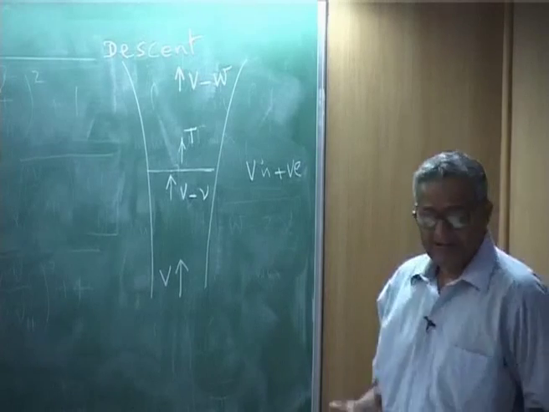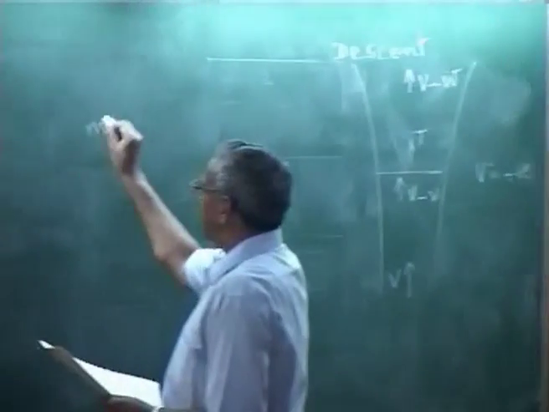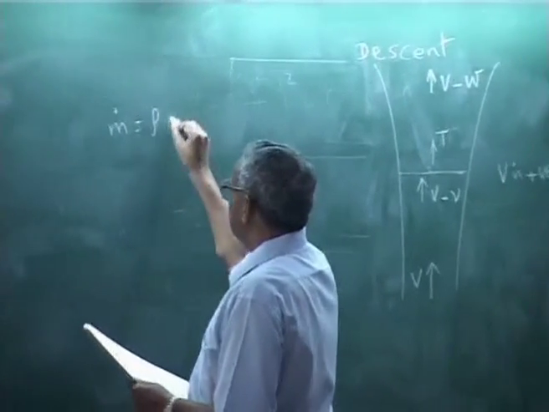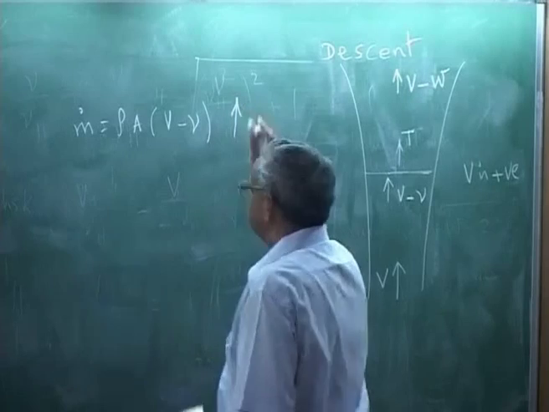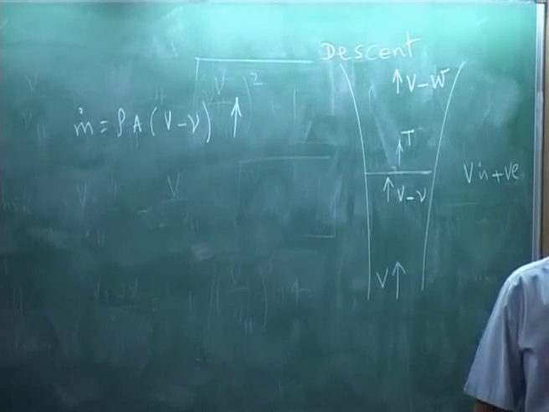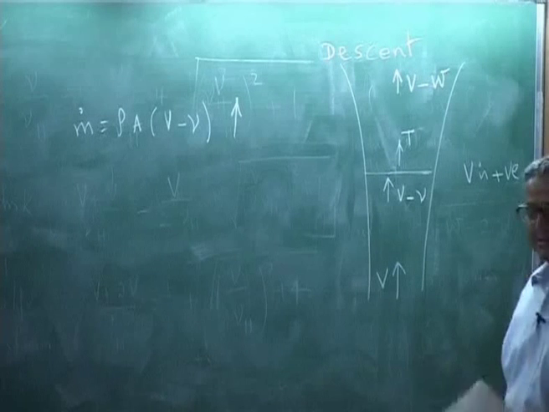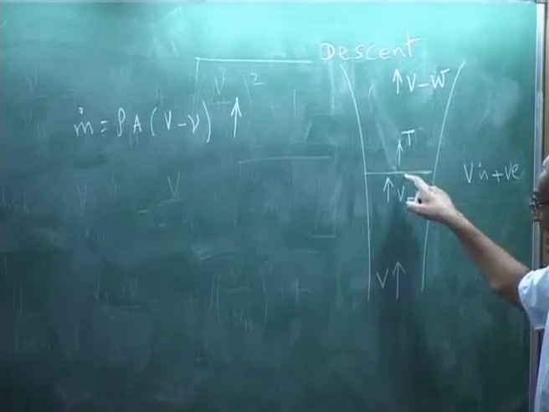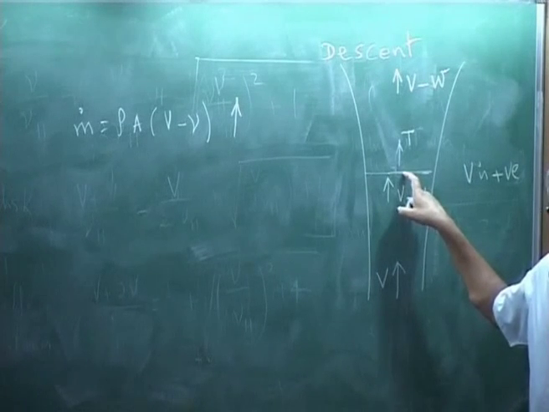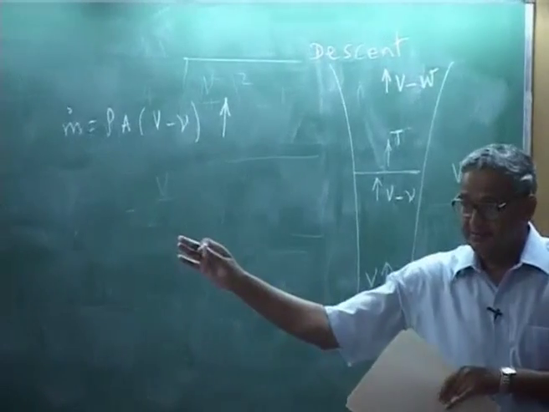Now, my mass flow rate m dot is rho A (V minus nu), but this is up. Please understand, mass flow rate is in the upward direction. But what is my thrust? This thrust is acting on the rotor, but I am writing the equation for my fluid.